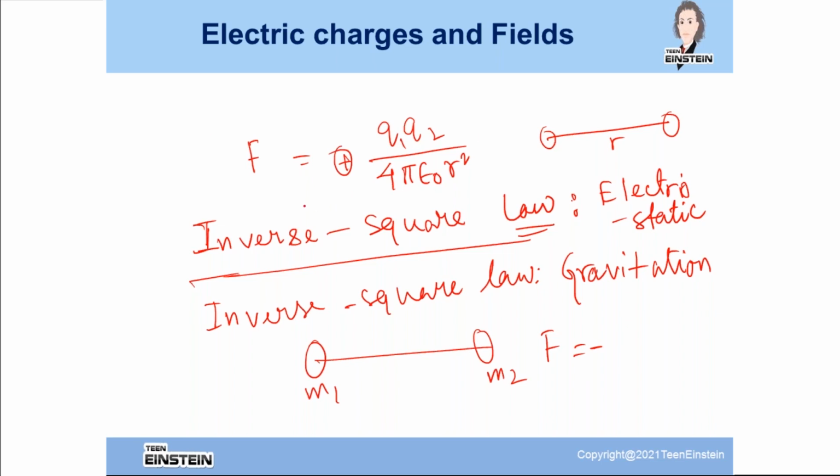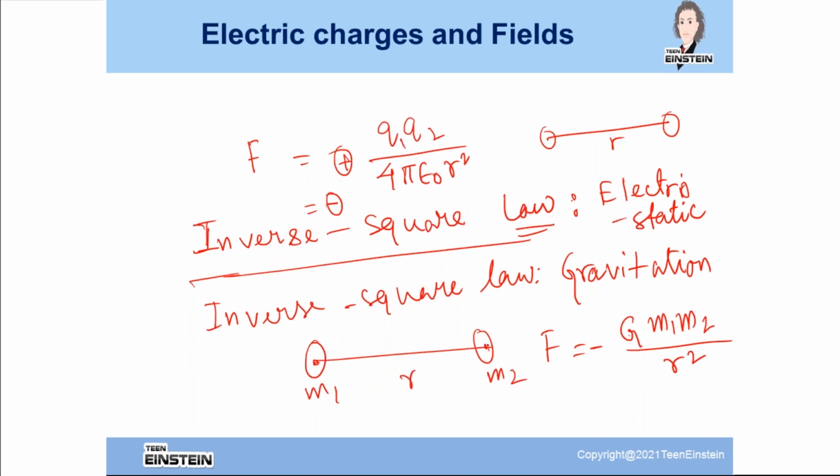So in this case also it will be minus. This is the universal gravitational constant G, G m1 m2, directly proportional to the masses and inversely proportional to the square of the distance between the masses. So this is also an inverse square law.